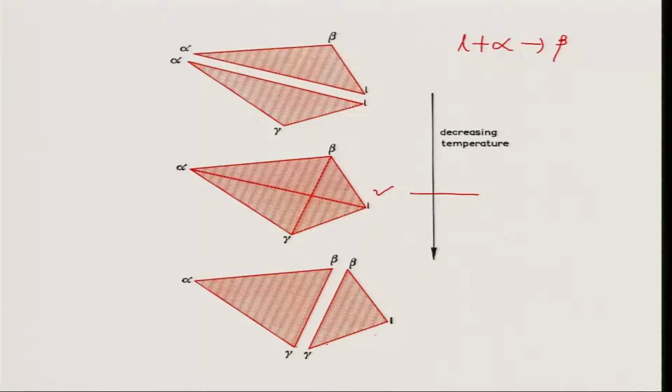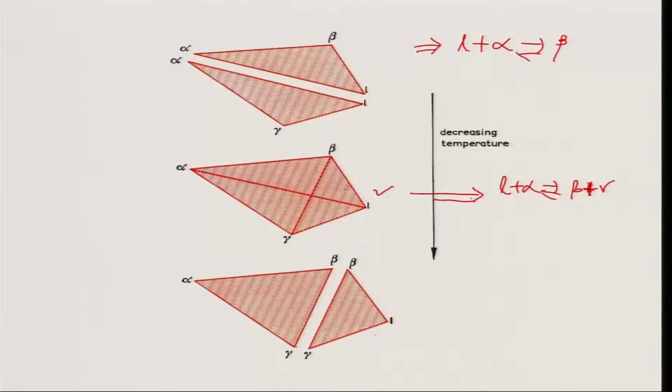Because you have 4 phase equilibria reacting like liquid plus alpha going to beta plus gamma, correct, this reaction must be preceded by peritectic type reactions at higher temperatures, and that is the important characteristic of this reaction.